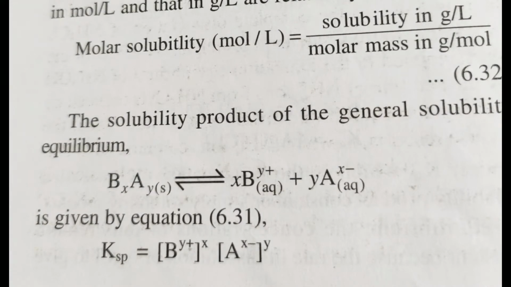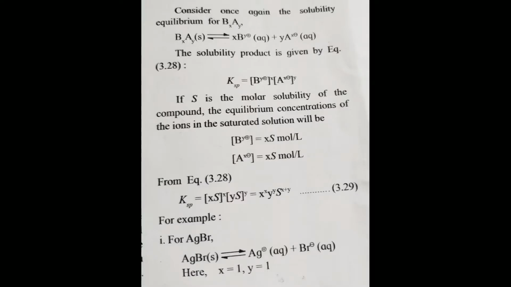Hence, the solubility product of a general solubility equilibrium for BxAy is given by BxAy at equilibrium gives xB^y+ plus yA^x-.